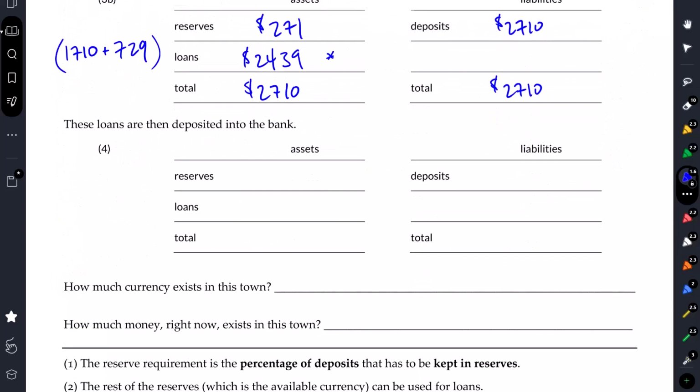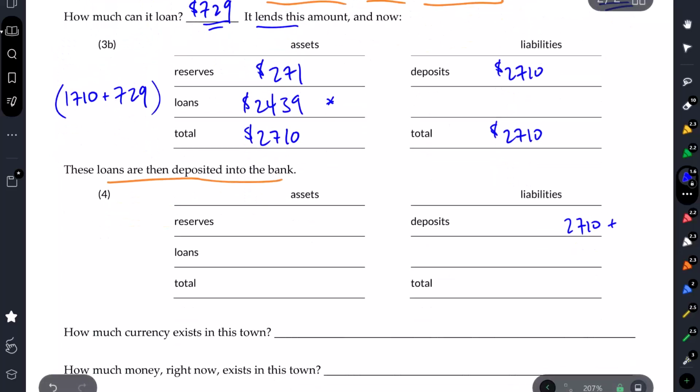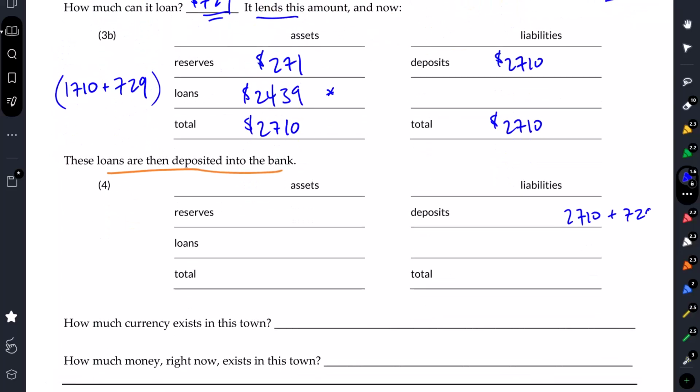but as you can probably anticipate, the loans are deposited into the bank. So our 2,710 is going to increase by 729. So that's going to bring us to 3,439.